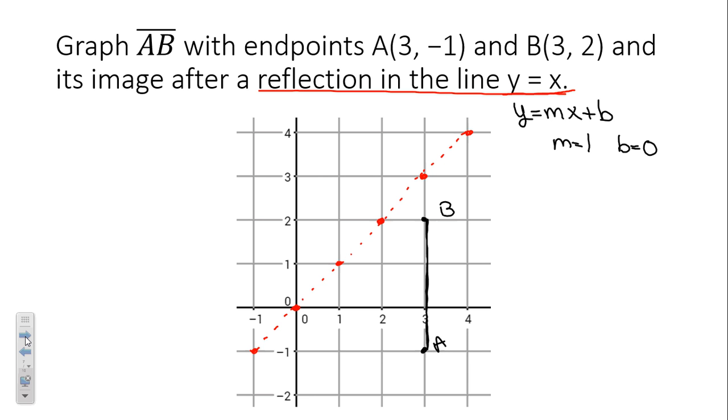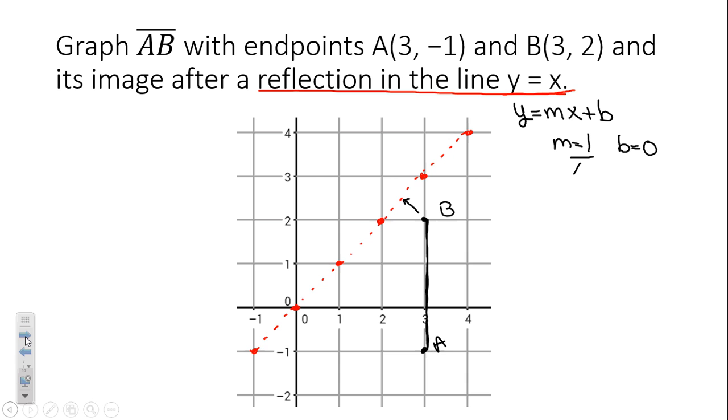But perpendicular to this line, this is why we talked about this last chapter, what's the slope of a line that's perpendicular to 1 over 1? 1, but we have to flip it and we have to change the sign. We have to make it negative. So we want to go in this direction.